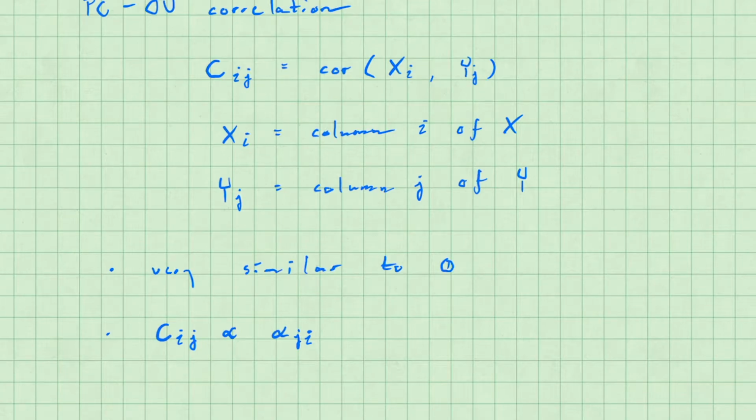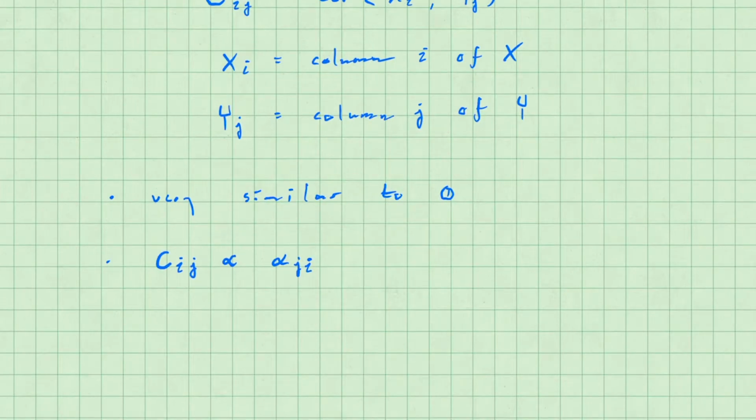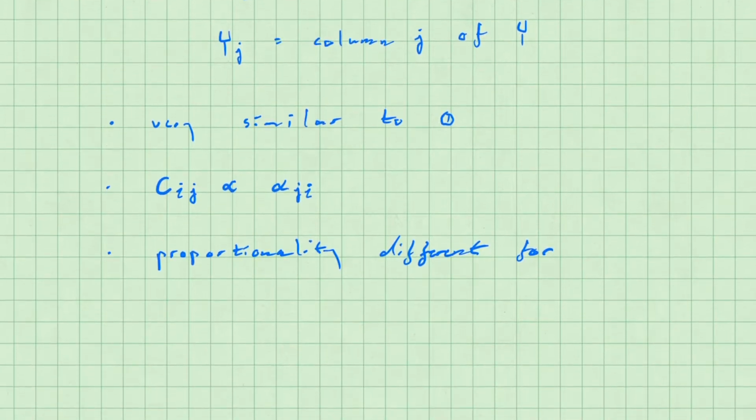So they're just proportional to those components of the eigenvectors. The proportionality, you could work it out. It's different depending on how you computed the principal component analysis. So the proportionality constants are different for the two different types of principal component analyses that you might do.